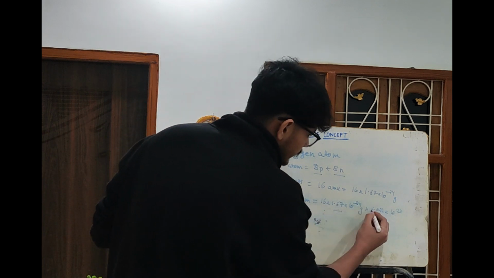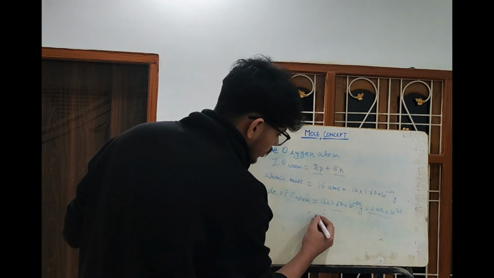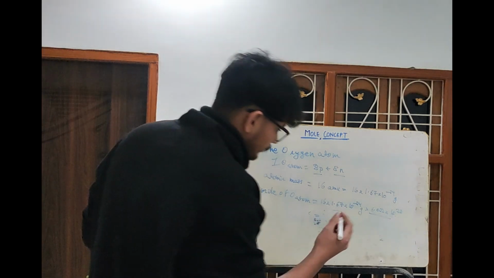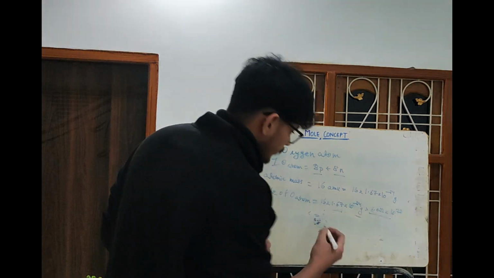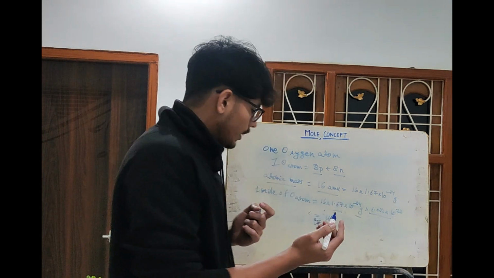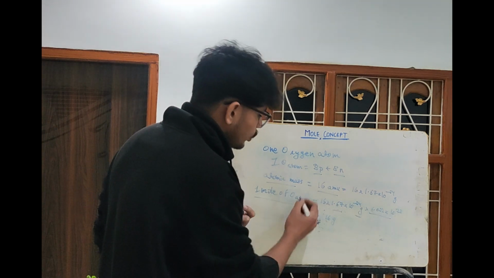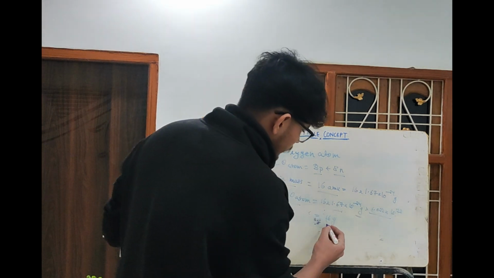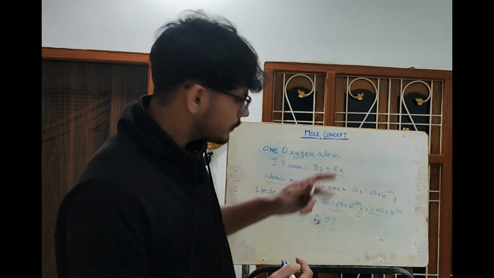Now, these quantities when multiplied will give you 1 unit, and since gram is the unit here, we will get 16 grams. As you can see, the atomic mass is 16 AMU, while the mass of 1 mole of oxygen atoms gives you 16 grams. So here just the unit is being changed, right?